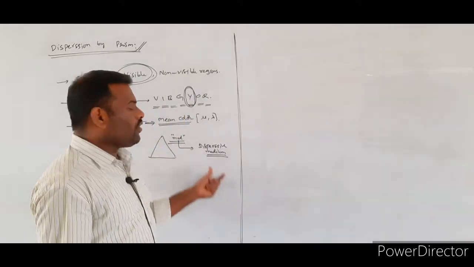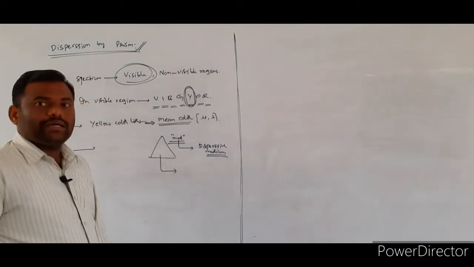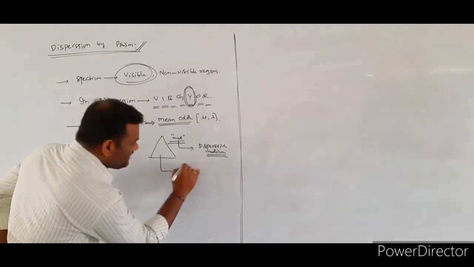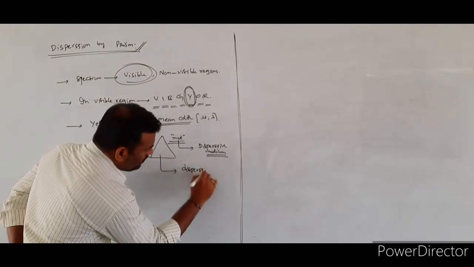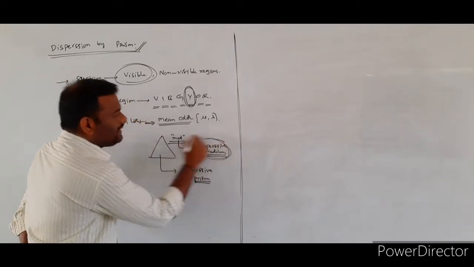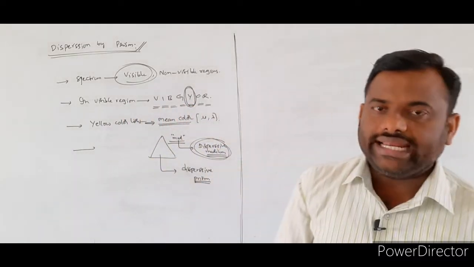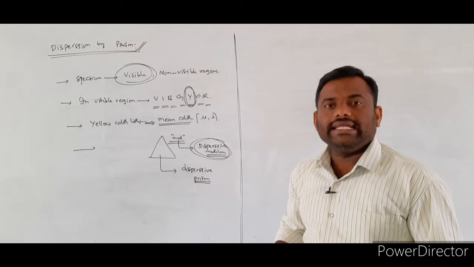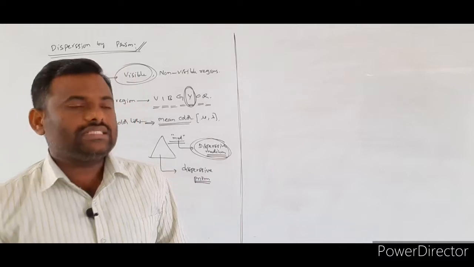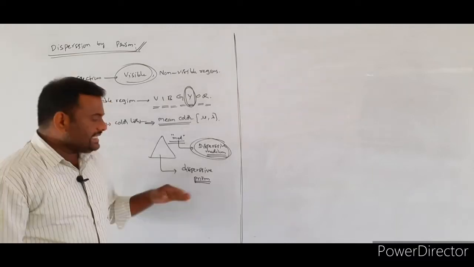And the prism which is producing the dispersion of the light, such a prism we are calling as dispersive prism. So how can we define the dispersive medium? The medium in which we observe the dispersion of the light is called a dispersive medium. And the prism which is producing the dispersion of the light is called a dispersive prism.